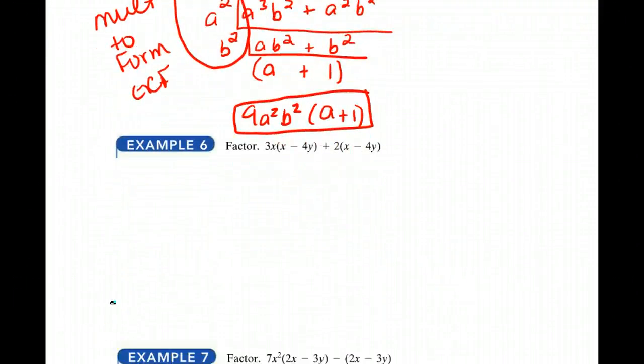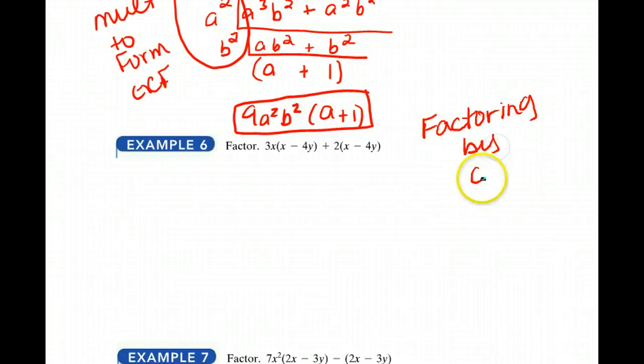Now, example 6 is slightly different. This is going to introduce us to the concept called factoring by grouping. And it's essentially the same thing of what we've been doing.